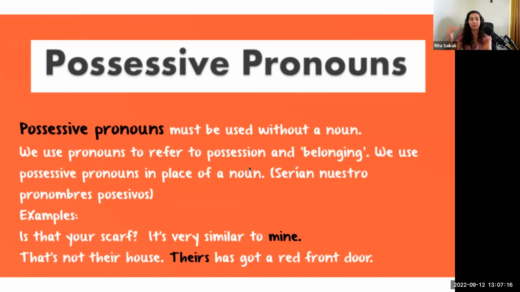That it's very similar to mine. That's not their house. Theirs has got a red front door. So there we see that instead of saying house or their house, we replaced it with theirs.